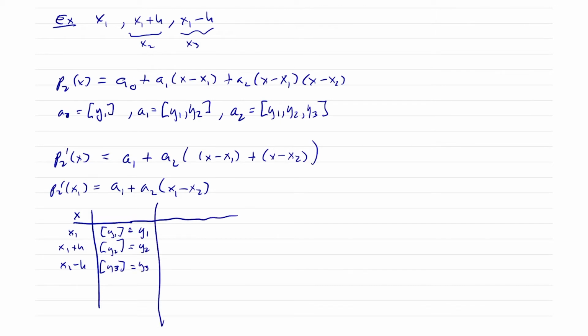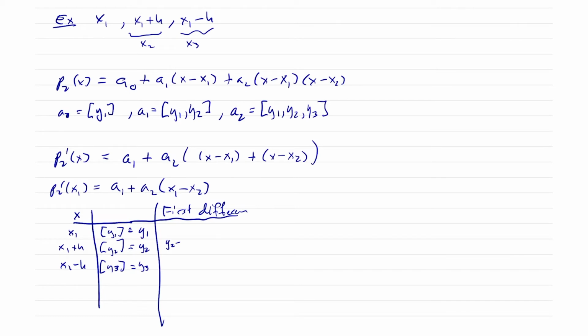Okay, so now let's take a look at first differences. Ultimately, this is going to be a1, this is going to be a2, and then the third difference is going to be a3. So we don't care about what goes here, but we take the difference of these two guys.